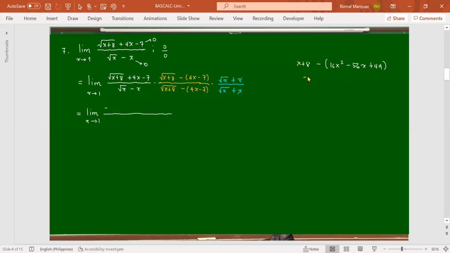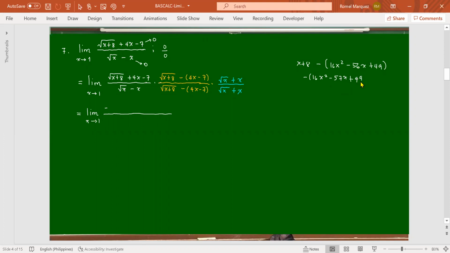Negative 16x squared, minus magiging ilan? Is it negative 57? Kasi ilalagay ko sa loob yung negative x. Tama ba, guys?